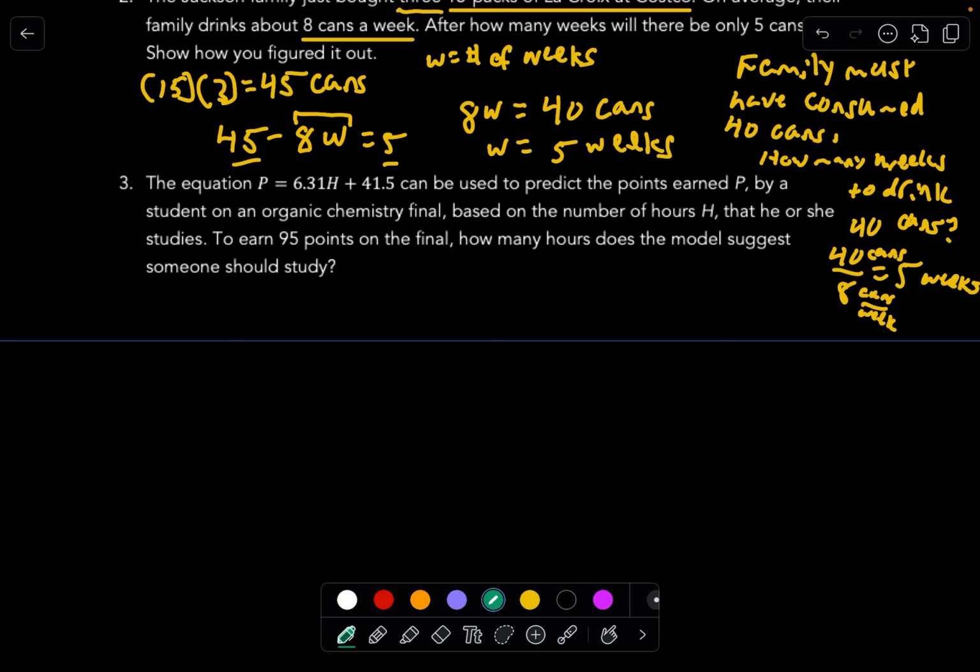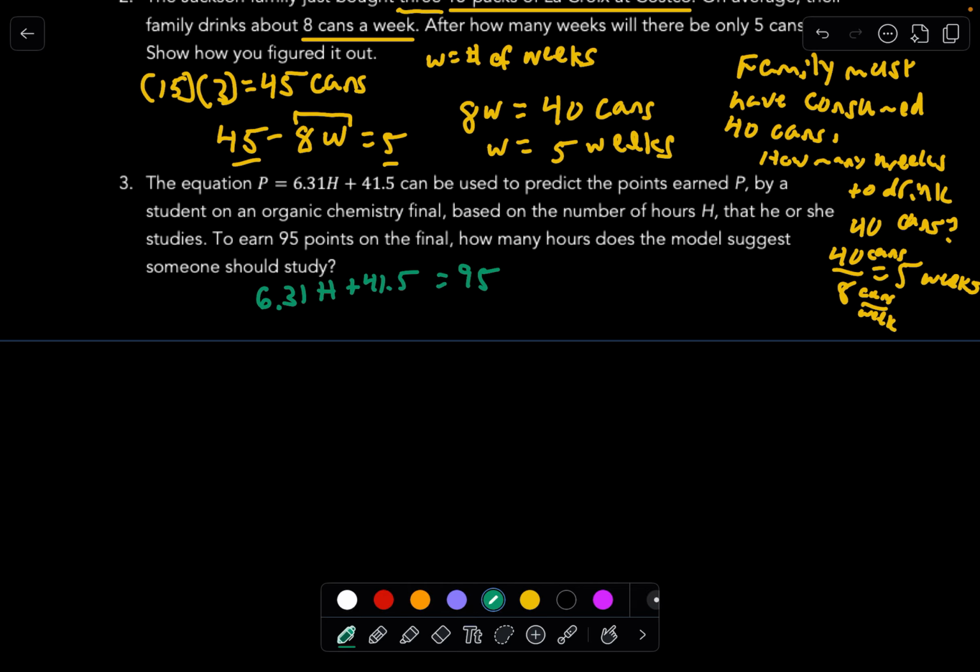So we know P, the number of points, equals 6.31 H, number of hours, plus 41.5. Now P, number of points earned, is 95. So we set P equal to 95. So we have to solve this equation.